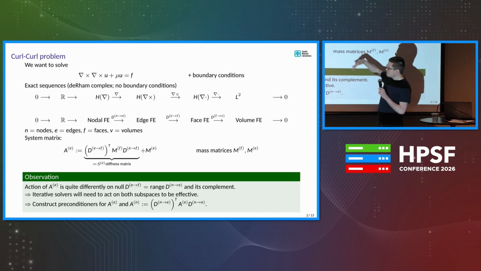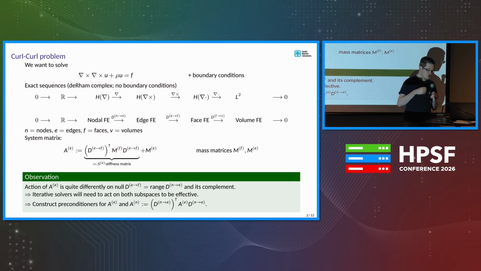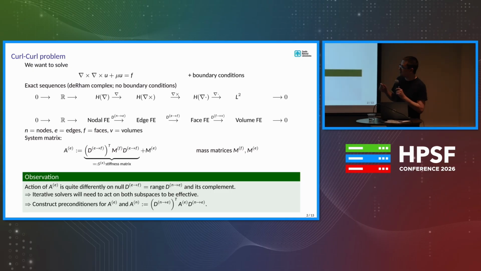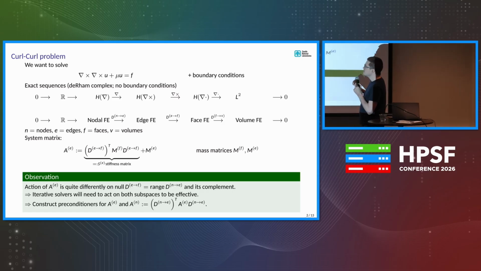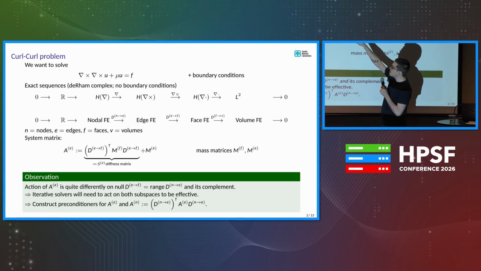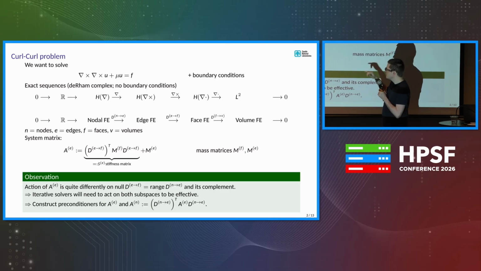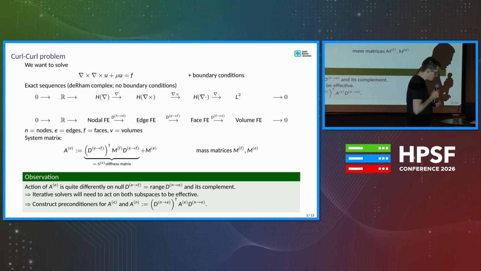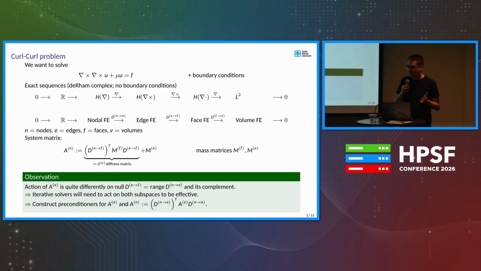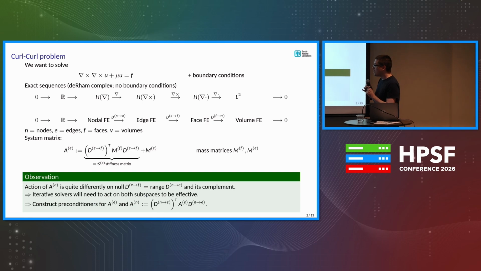And in what follows, I'll always talk about nodes and edges and faces to talk about these different spaces. All right, so we have a discretization now of our curl plus mass system that looks something like this. So we have mass matrices sitting there, and then we have discrete differential operators flying around in there.